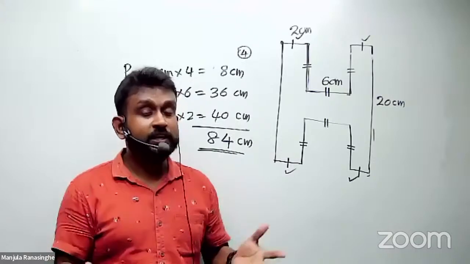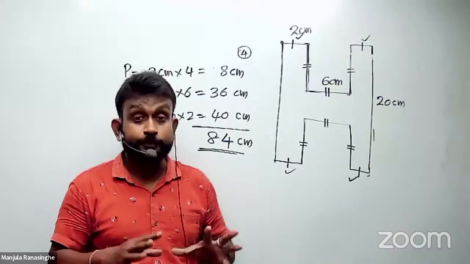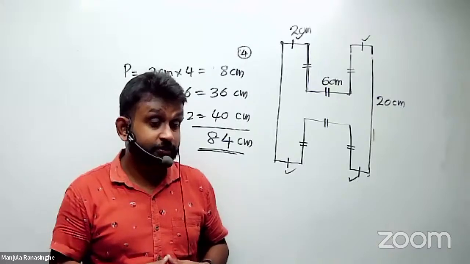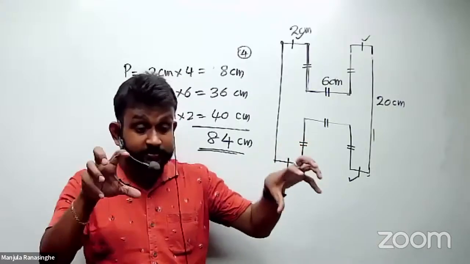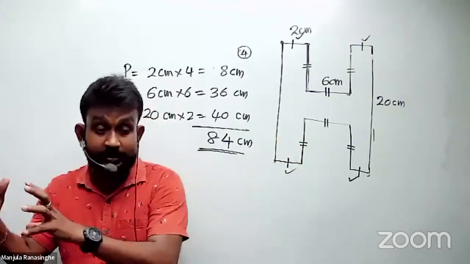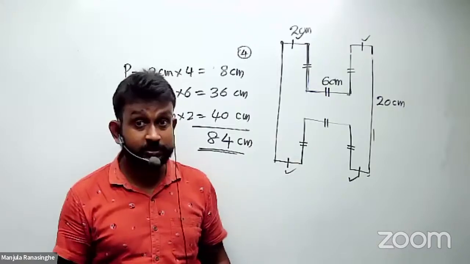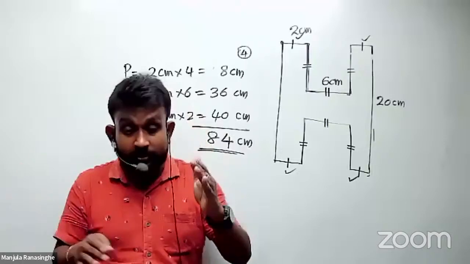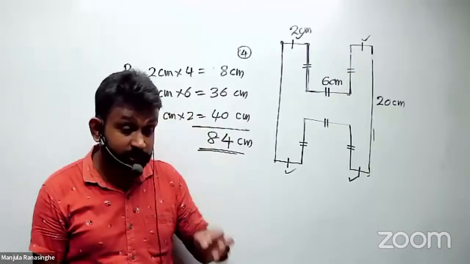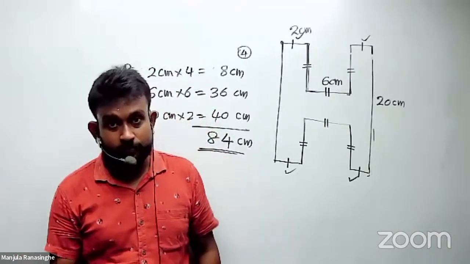Then we moved to the perimeter of composite plane figures, and there we identified that we cannot add the perimeters of the basic figures individually to get the composite figure's perimeter. We have to add all the outer, exterior lengths of the plane figure.